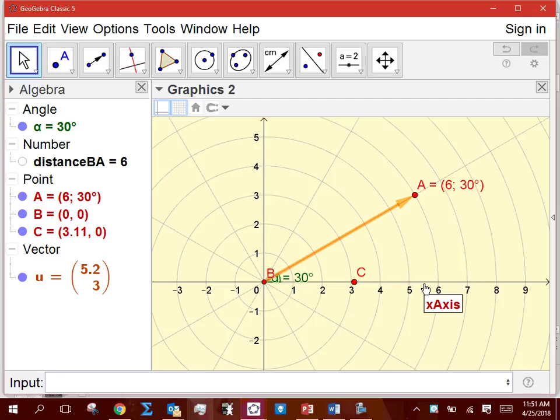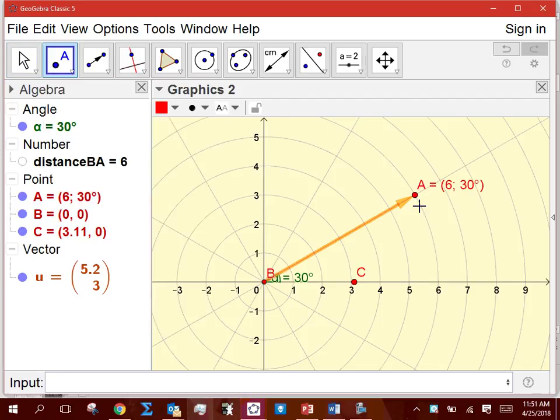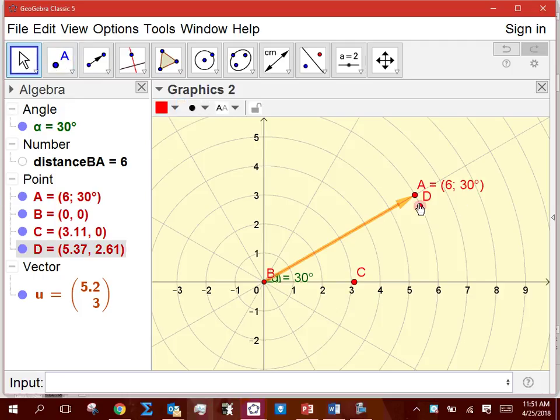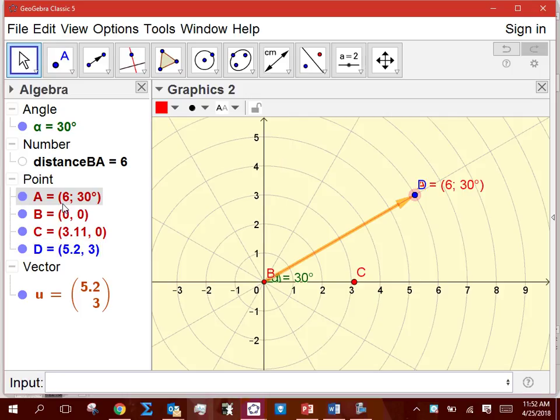And I think I showed you guys on Monday, if I take another point like D, and say, well, D started there, but it went all the way around this circle, and it came back there, how many degrees would it have traveled? 390, right? If I type in, just say D is equal to, we'll go 6 again for the radius, but then type in 390 degrees, it plots it on the same point. You see how it highlighted it, right? Change the color. I mean, we see that D is on top of A, okay?